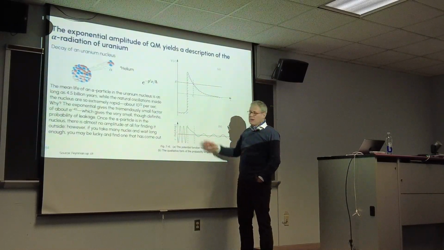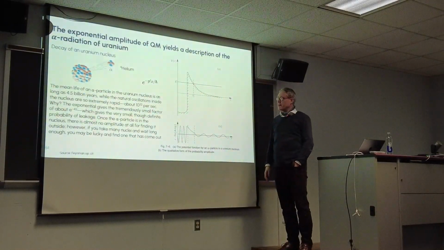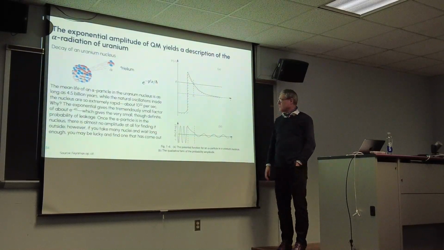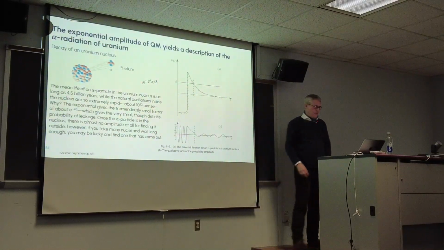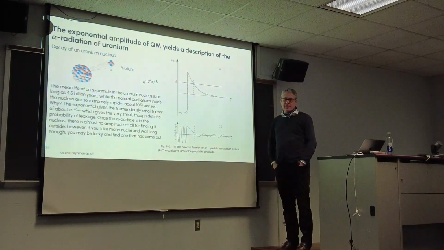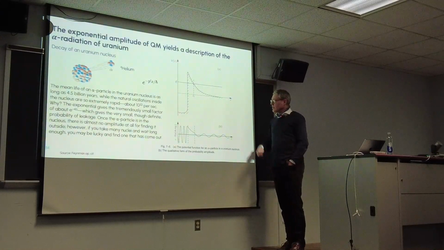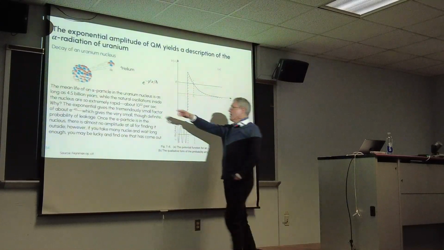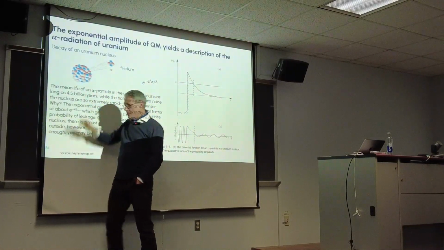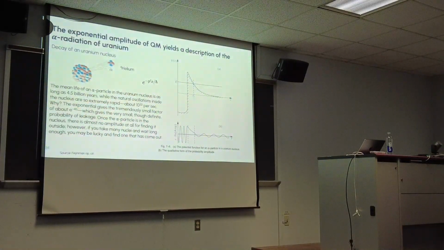On average it takes 4.5 billion years for one helium to get out, because the barrier is so high. This is very interesting, and without quantum mechanics, we could not understand radioactive decay, because in classical mechanics, this alpha particle would have to stay there forever because it could never overcome this potential.